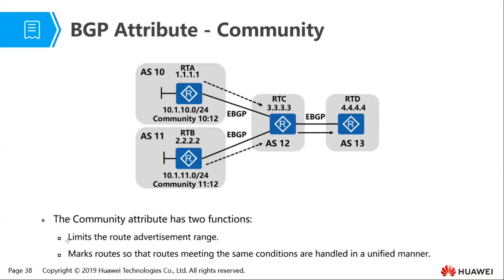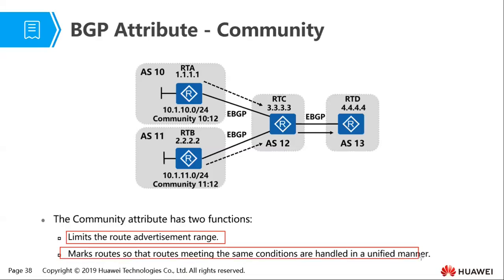The community attribute has two functions. Number one, to limit the route advertisement range, so how far you can advertise a route. Number two, to manage routes, so that routes meeting the same conditions are handled in a unified manner. In this example, we have AS10, AS11, AS12 and AS13.